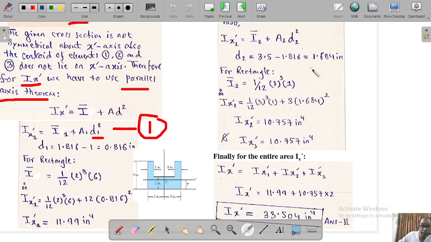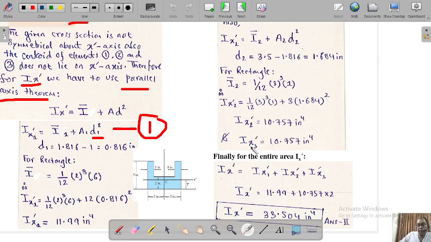This is the formula that you have to learn; I showed it in the notes in the first initial lecture. You calculate this value for I2, plus the area, which is 3 into 1, so 3, and D2 was 1.684, squared. Simplify it and you will get this value.